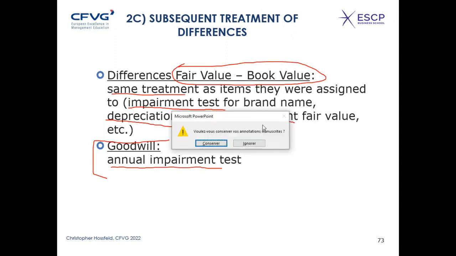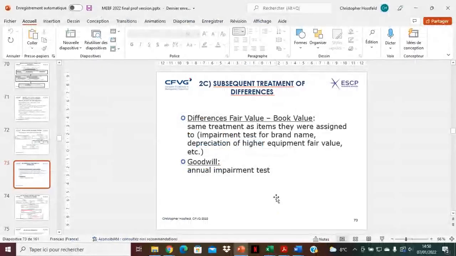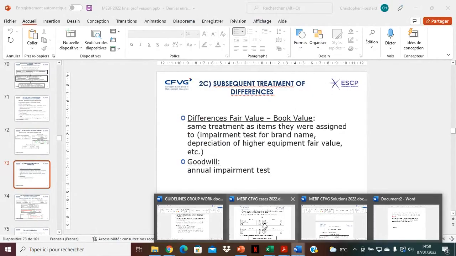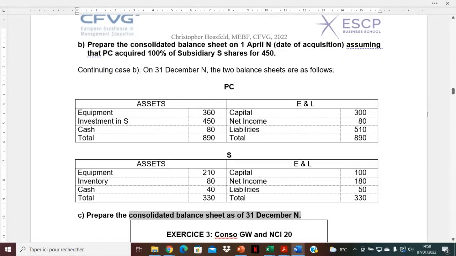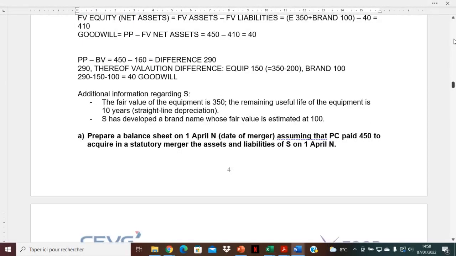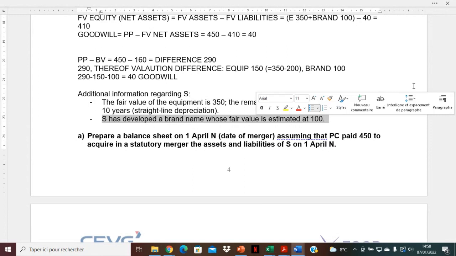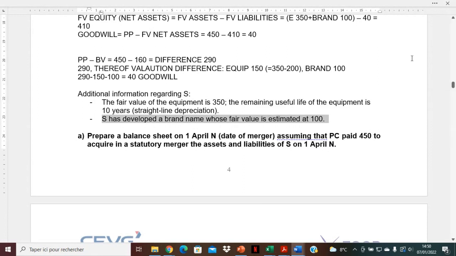So going back to our exercise, I have two valuation differences. One is related to a brand name, so we need to do an impairment test on the brand name.